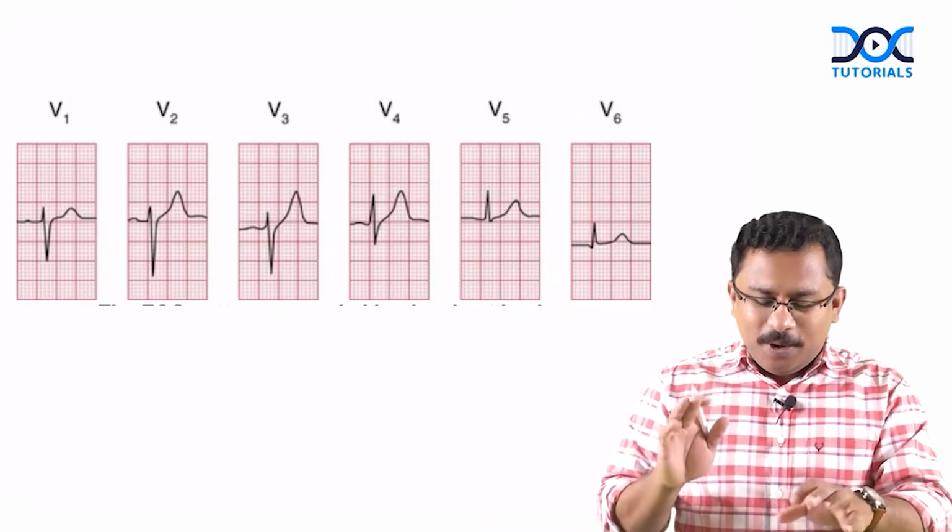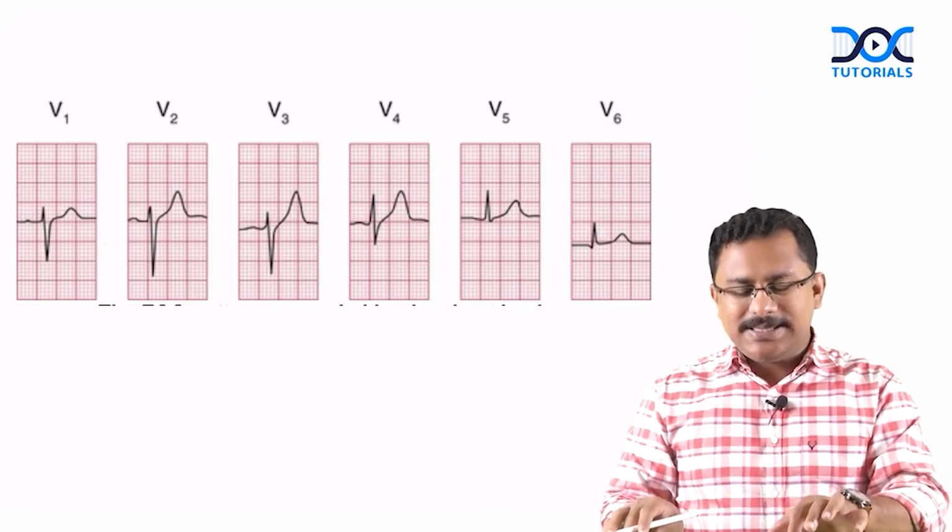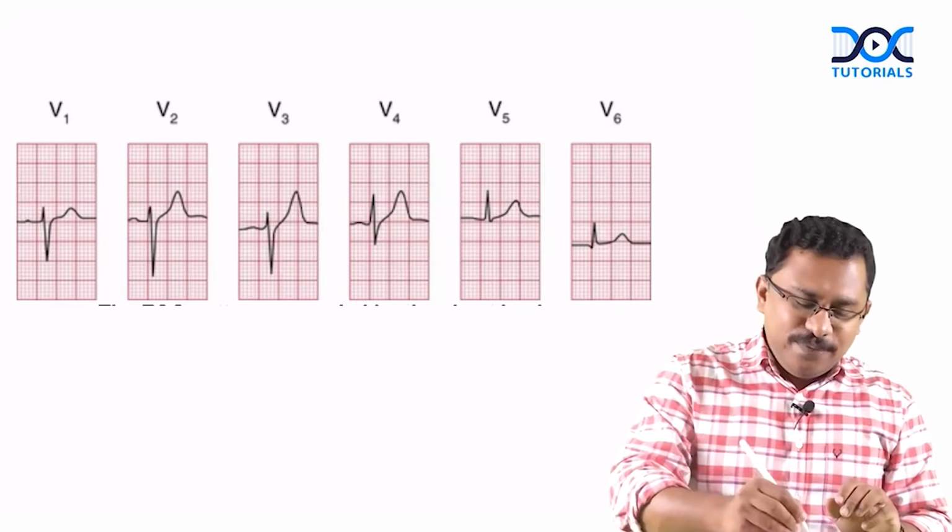It is likely to be V6 compared to a lead like V1. Which is why, when I talked about pathology Q waves, if you see Q waves in leads V1 to V3, it is likely pathologic. Very important.